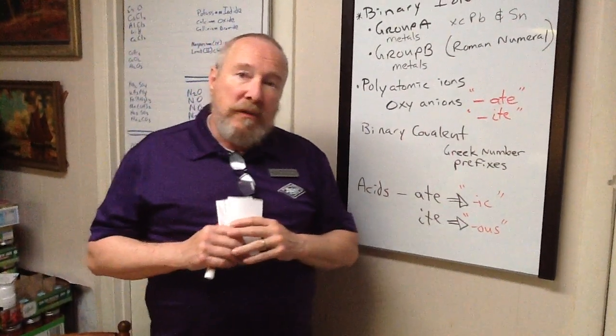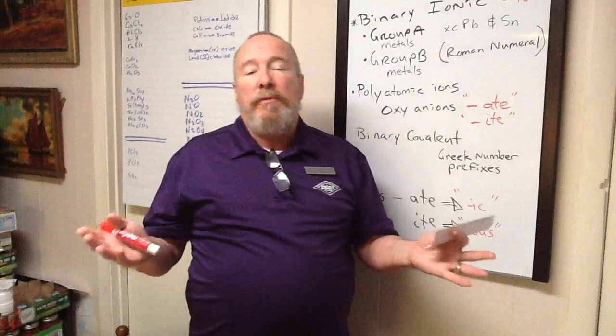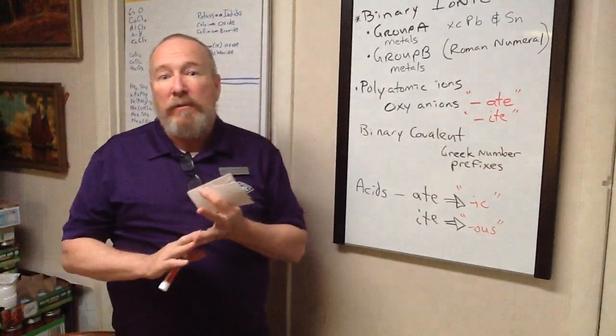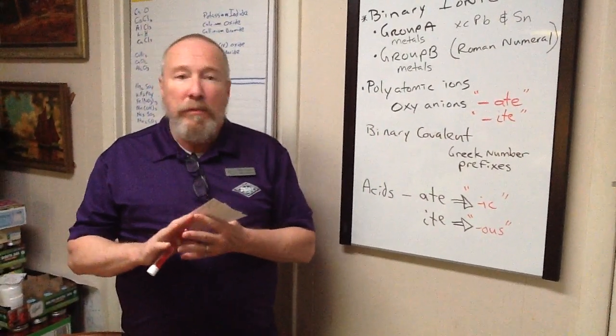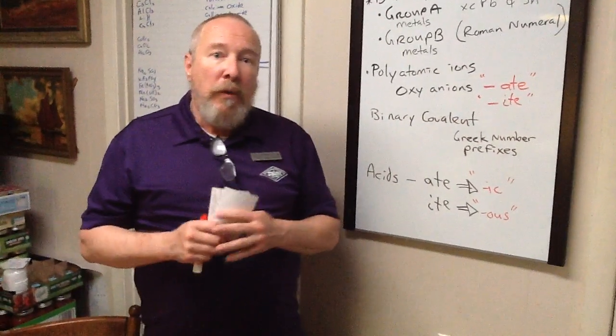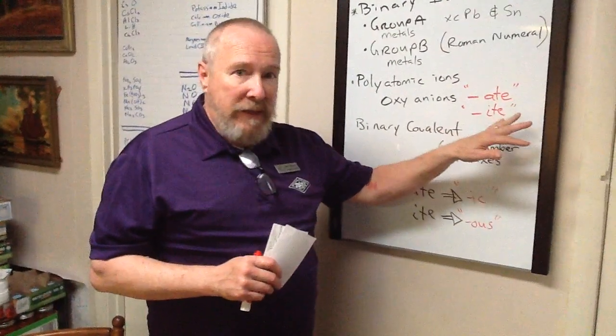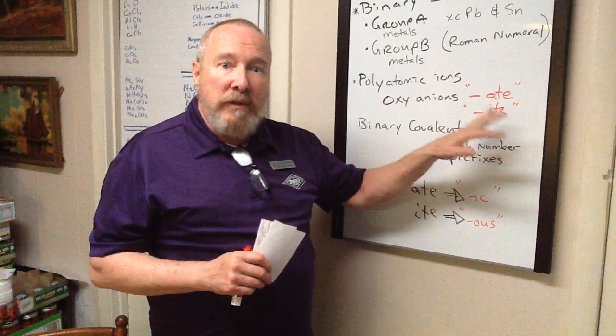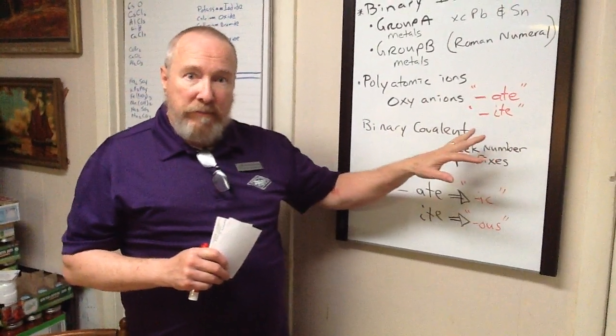These oxyanions, and the examples you've heard of them: carbonate, phosphate, sulfate, chromate, chlorate. When you see that ate on the ending, that is indicative of an oxyanion.